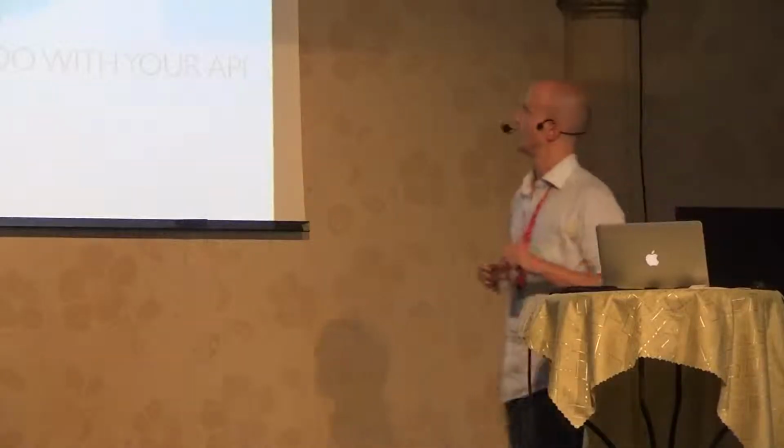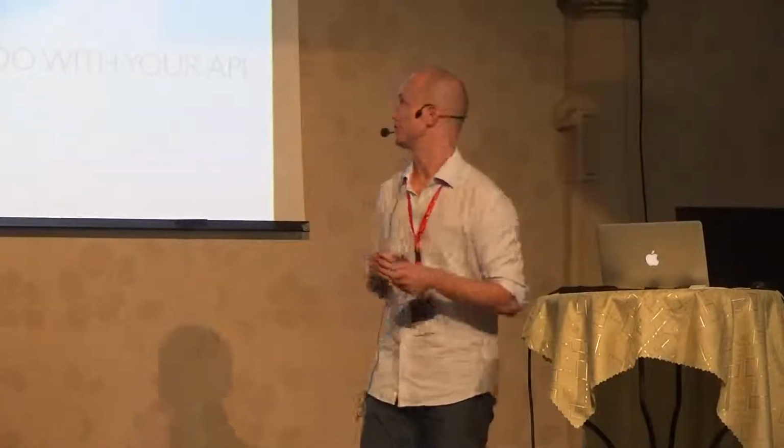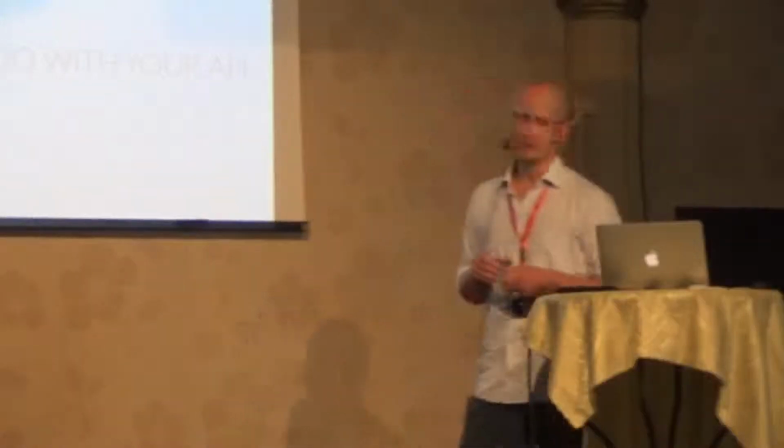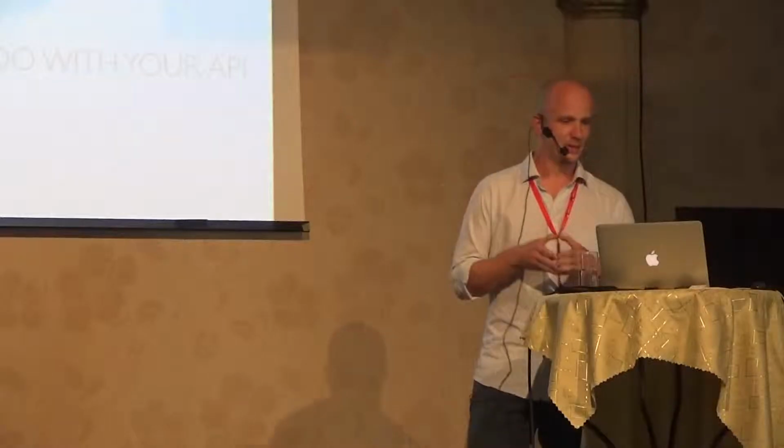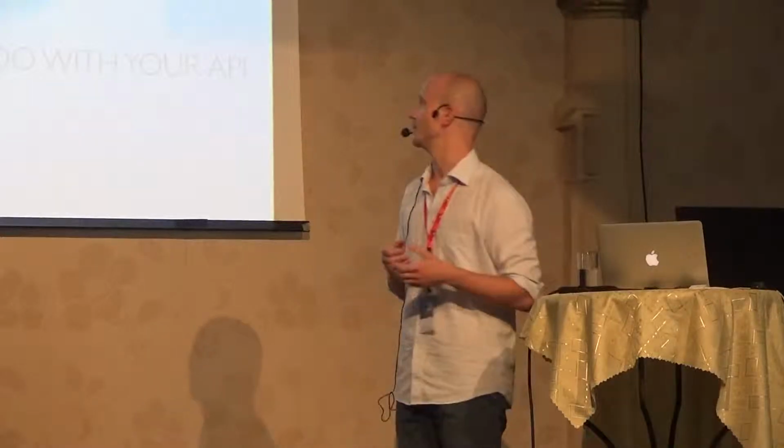Now, if you look at what the documentation today is mostly composed of, and this is for web APIs. This is really mainly details about the protocol, probably HTTP, which was already described and explained so many times somewhere else.